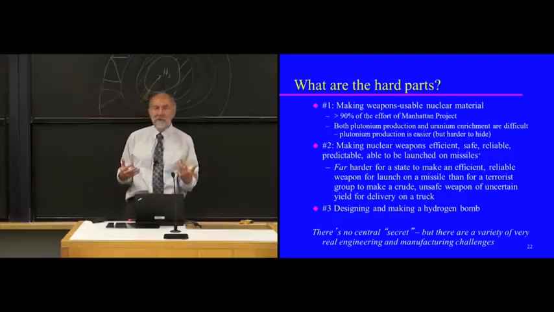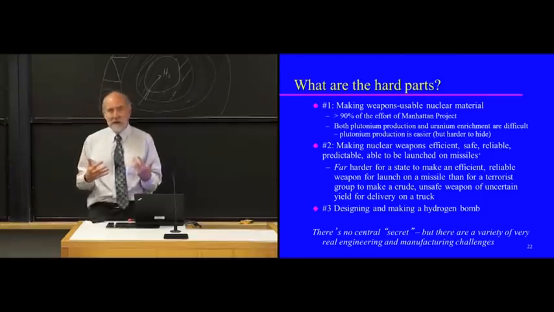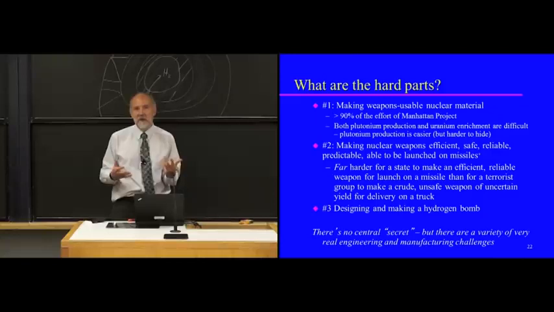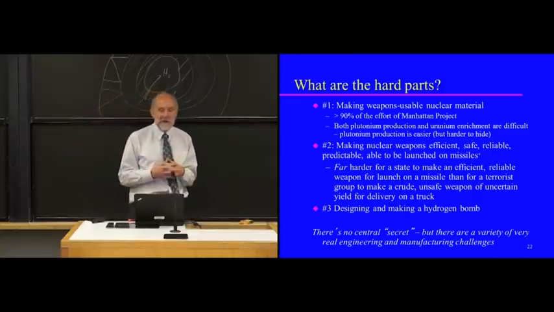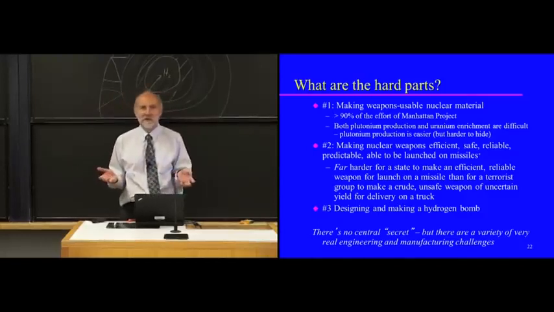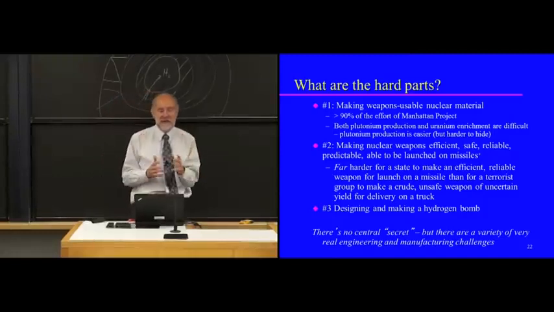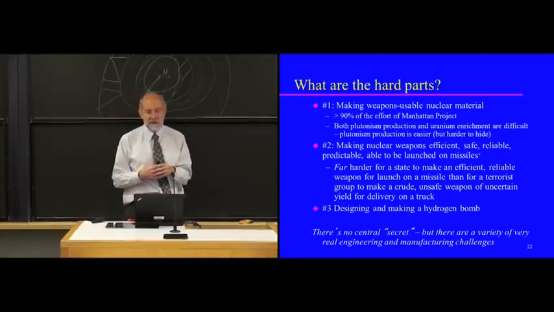In fact, in the Manhattan Project, as I'll talk a little bit about next time, they built in just a few years an industrial floor space that was bigger than the entire US automobile industry that existed at that time. They were using, I think, something like 5 or 10% of all of the electricity generated in the United States for enriching uranium. It was a gigantic industrial enterprise to make that weapons-usable nuclear material.